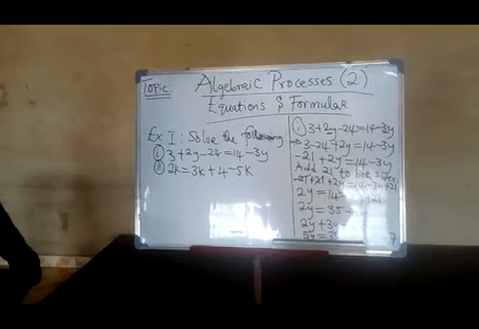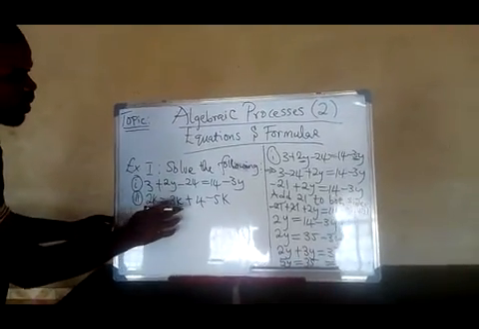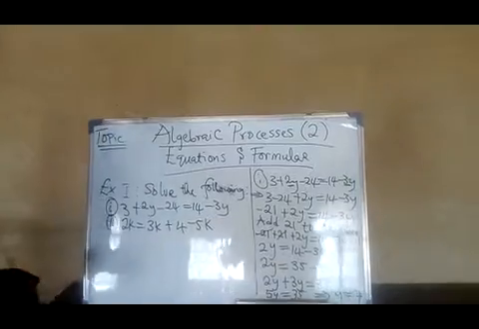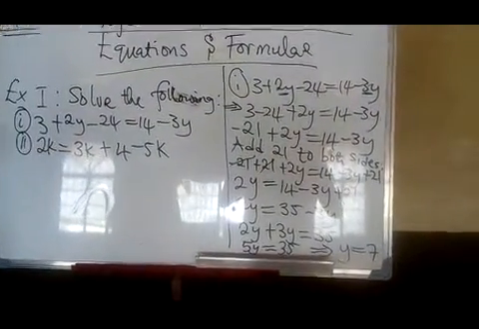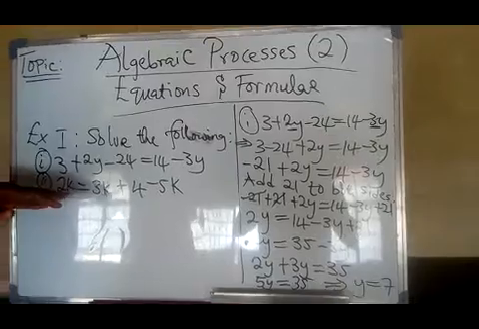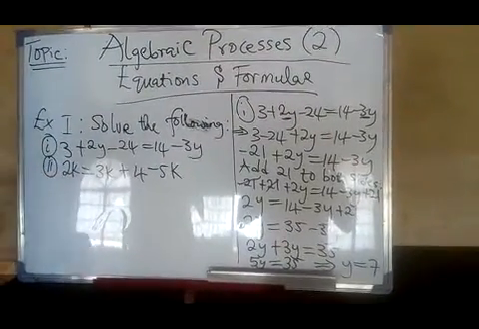For this second one here, we have 2k equals 3k plus 4 minus 5k. Before we start dealing with the two sides of the equation, it is much better if we deal with the individual expressions on both sides of the equation.